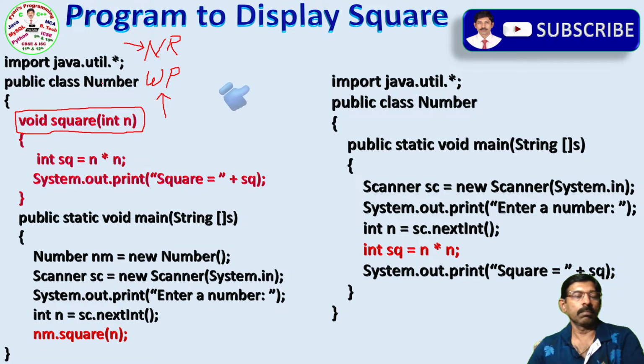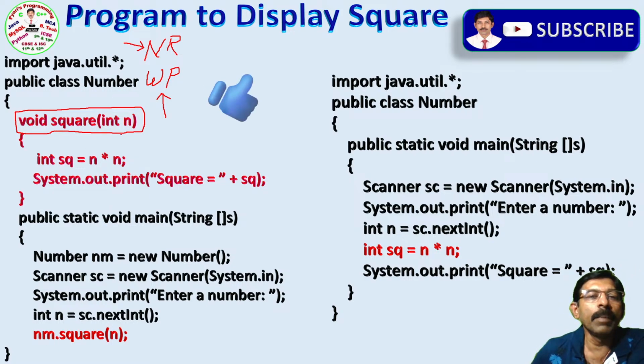Now the next mechanism says that if the method is receiving a number to calculate, do I need to perform the accept operation? As I said, every method contains accept, calculation and display, and we have to decide whether I have to do it or not. The method is receiving a number to perform the calculation, so do I need to perform the accept operation or not?